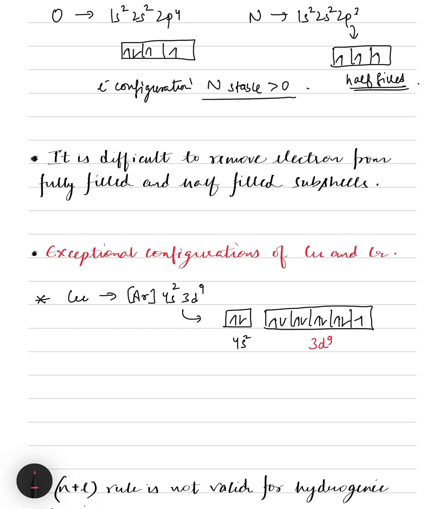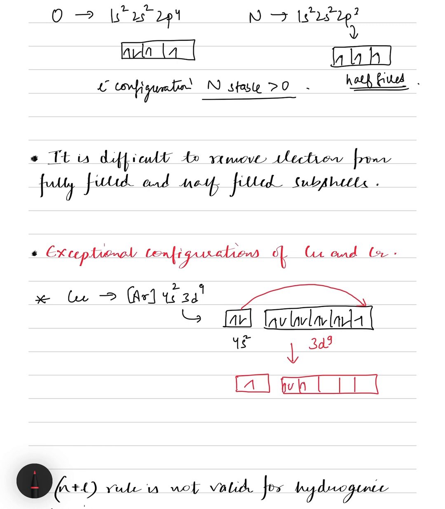So what will happen? One electron from 4s will get excited and jump into the last orbital of 3d, right? In this way, the configuration of copper changes from 4s2 3d9 to 4s1 3d10.